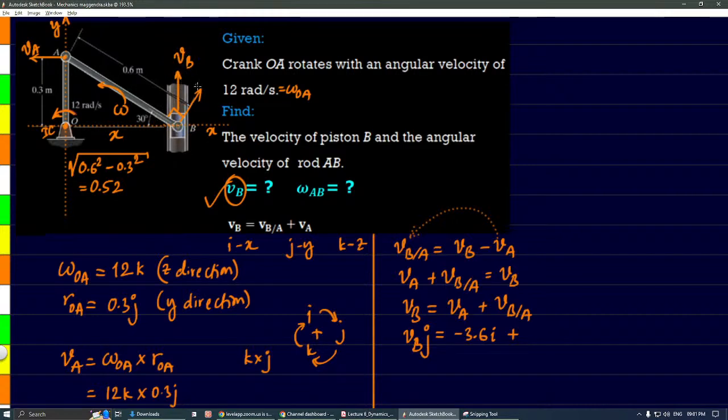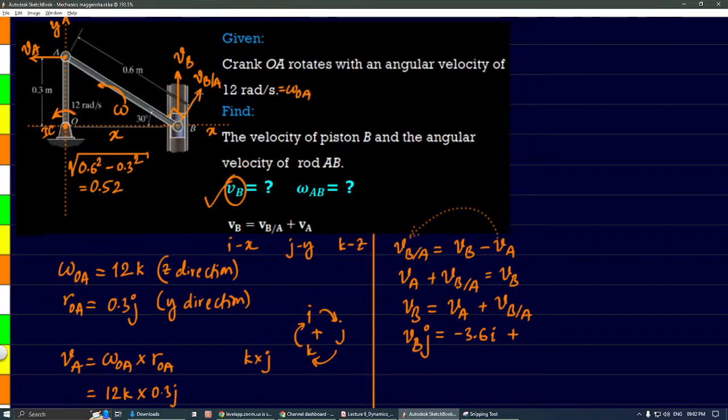But velocity of B with respect to A, that means when A is kept constant and we see the velocity of B, it will be perpendicular to the link AB.